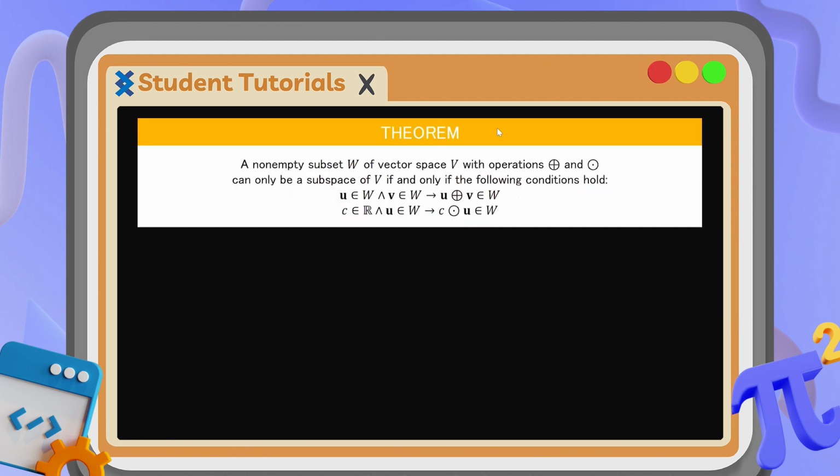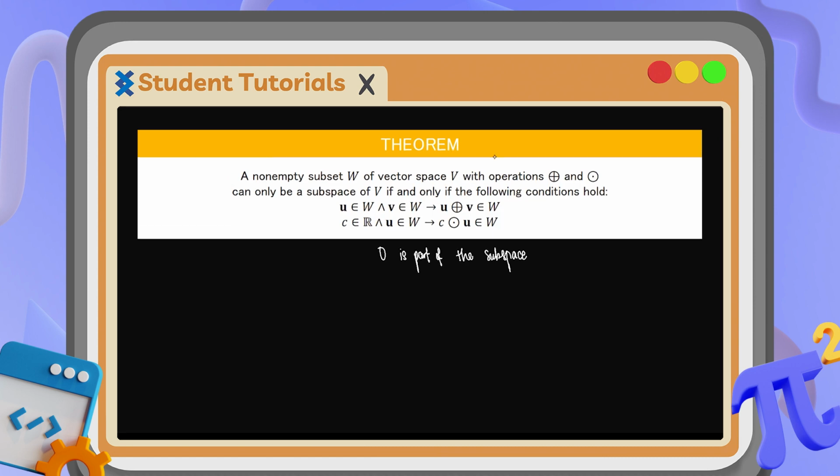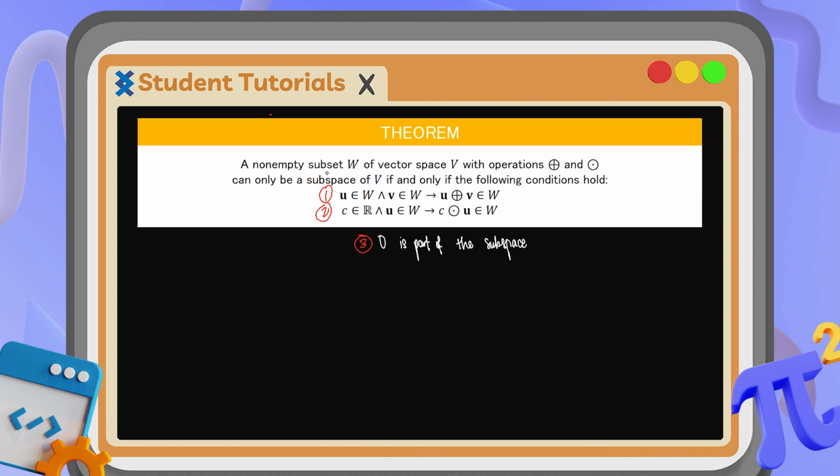So we need to consider 0 as being part of the subspace in the test. So we have to consider 3 things in identifying if a subset is a subspace of a vector space.